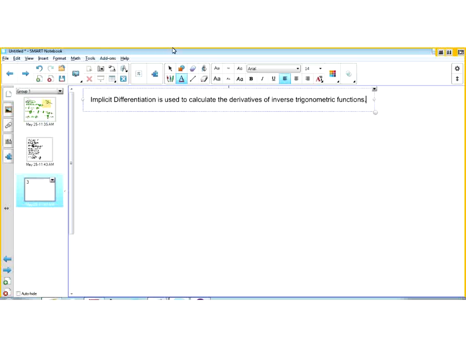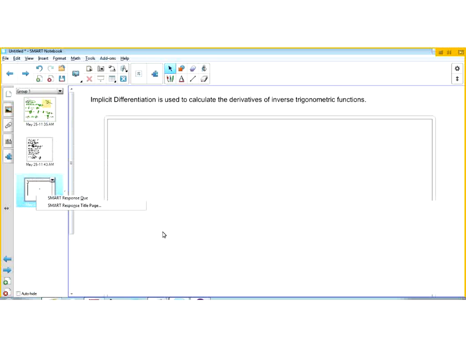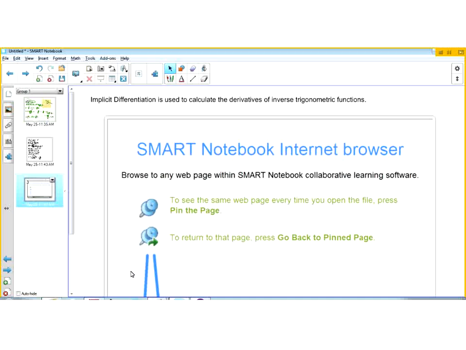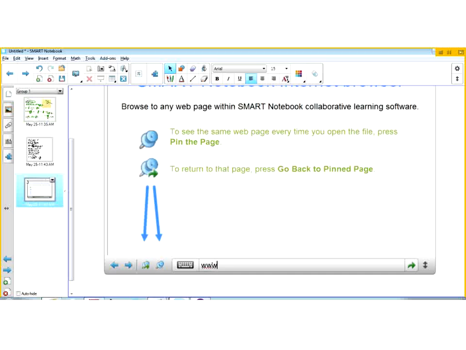So let me pull up an internet calculator. So let's open a web browser and go to our calculator.